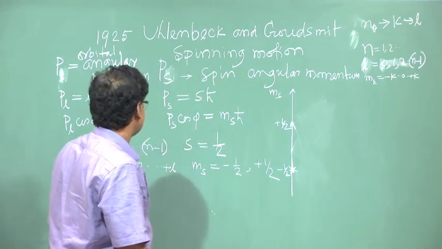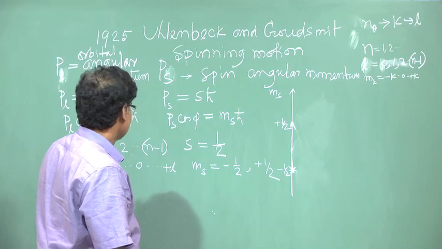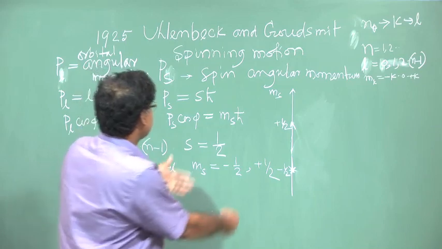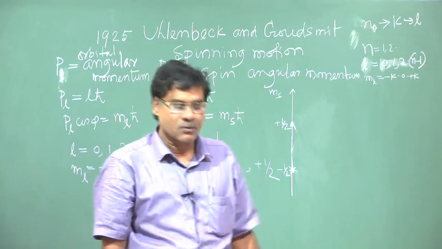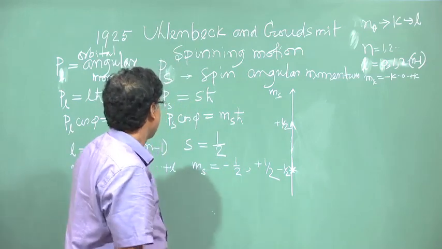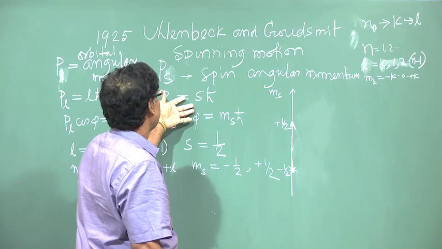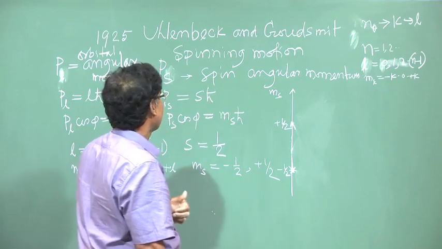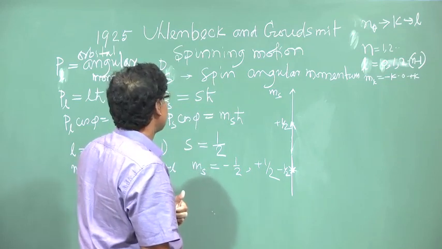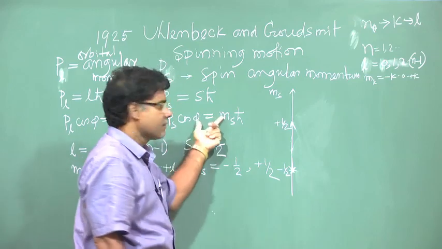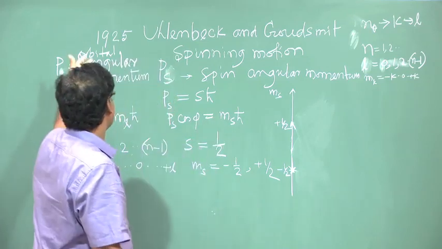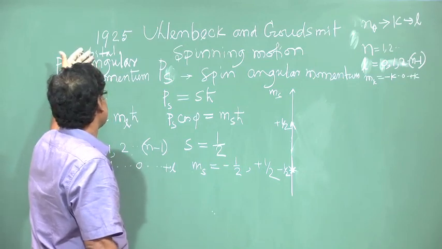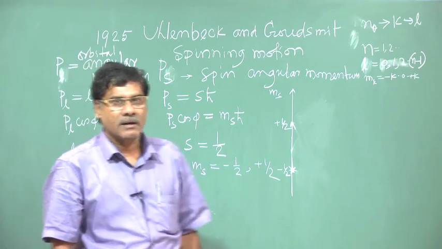So, this is another consideration for quantization, where a new angular momentum is introduced, the spin angular momentum, and it is also quantized in the same manner as we have seen for orbital angular momentum.